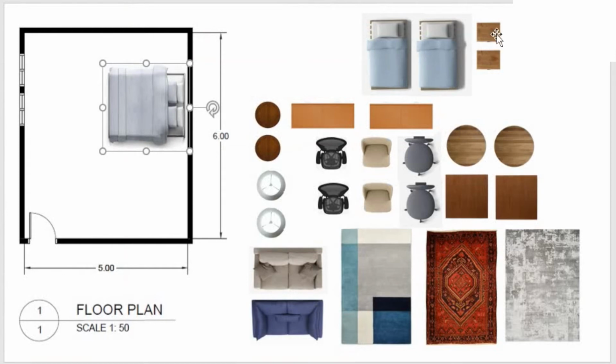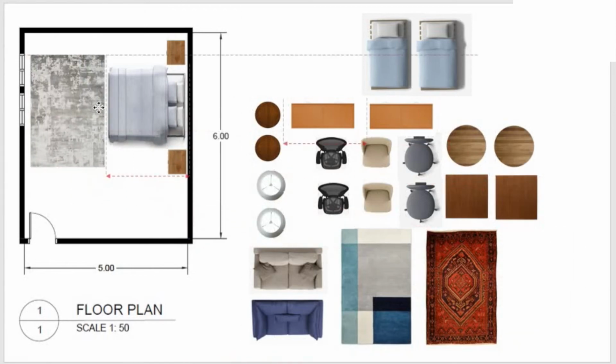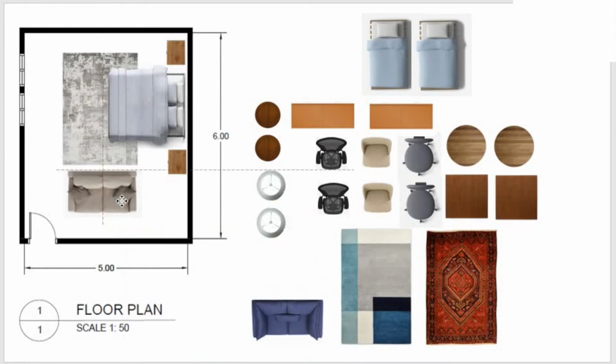So if you're looking for a queen size bed, and then maybe some nightstands on both sides of the bed, simply drag them and drop them and position where you think is suitable. Then maybe I can select one of the area rugs. I can go for maybe a two-seater.